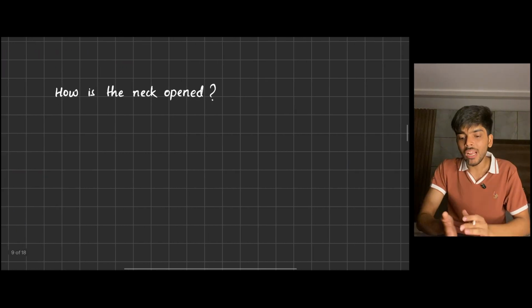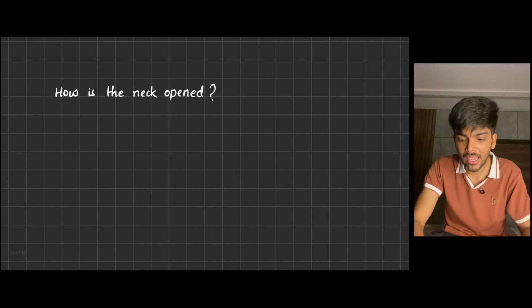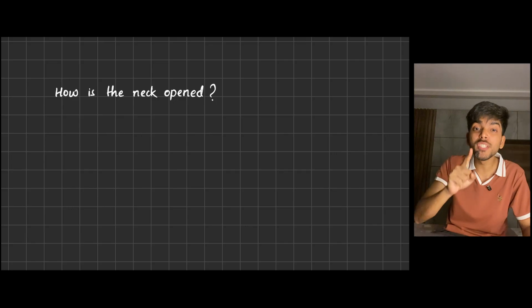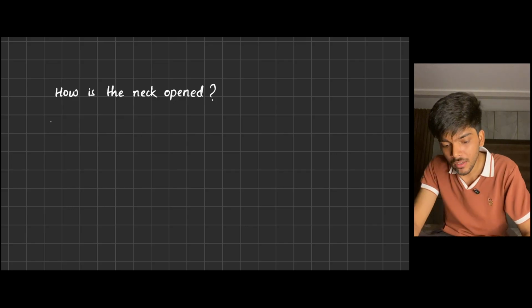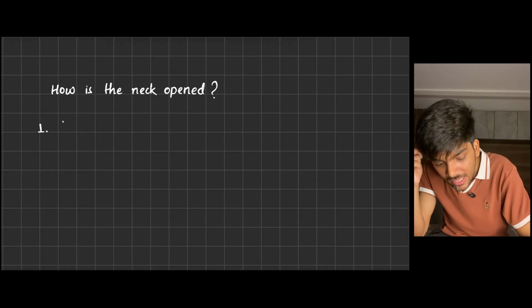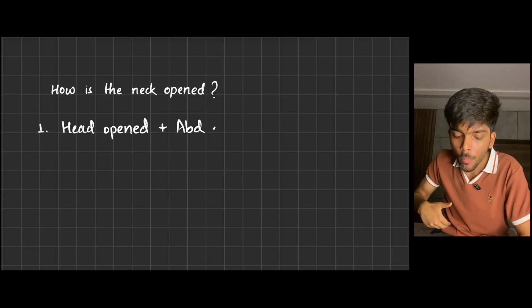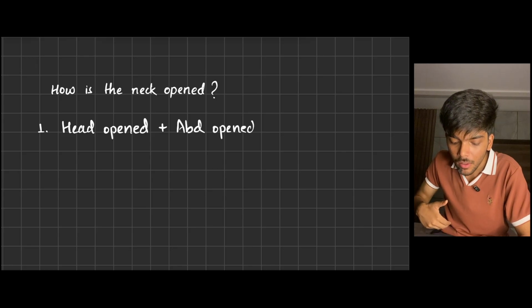Second, how is the neck opened? See, in case of hanging, neck compression, while carrying out autopsy, the neck is always opened last. See, number 1, the head is opened, the abdomen is opened, right?